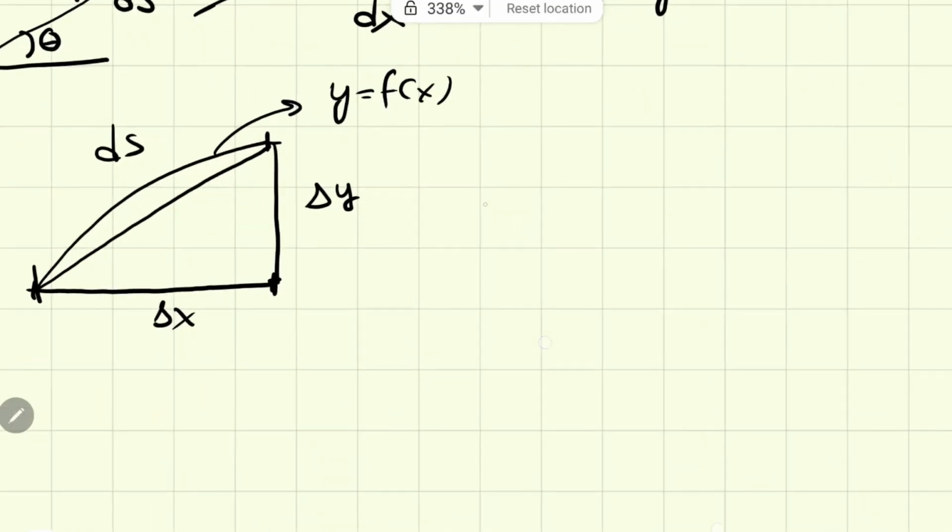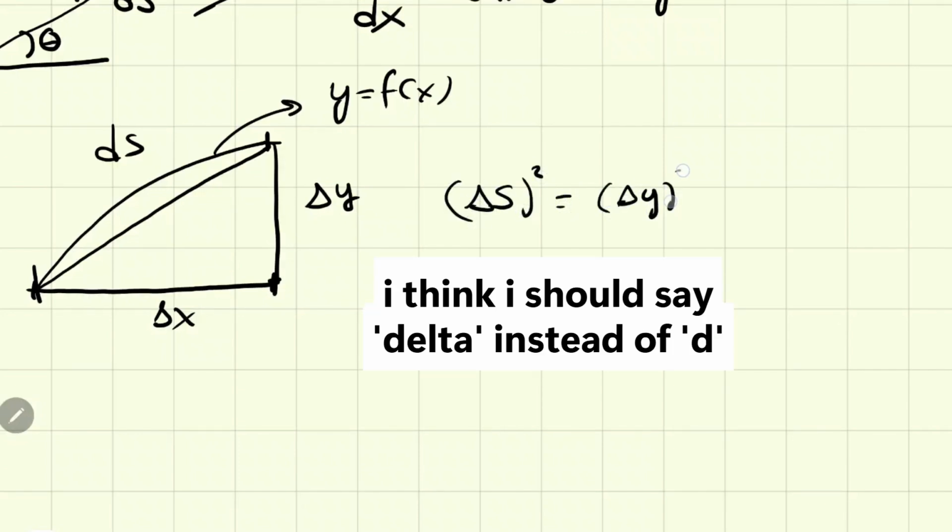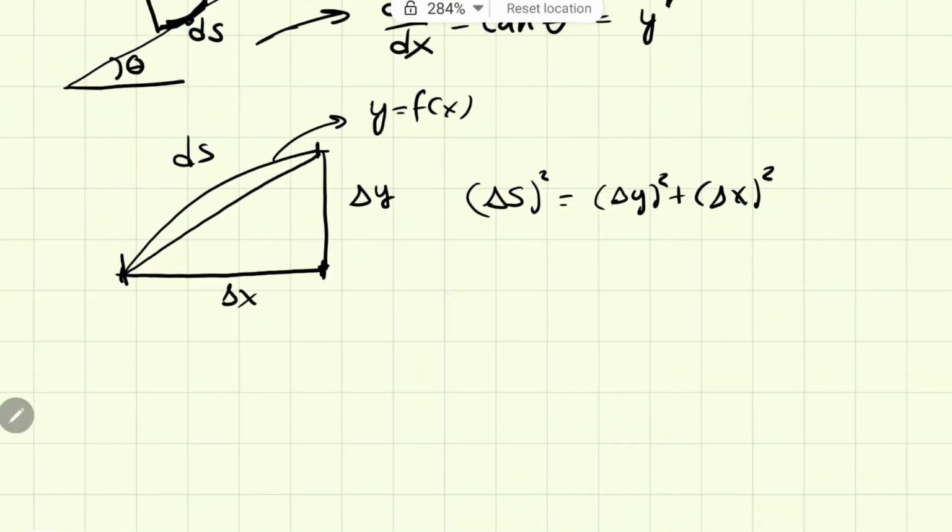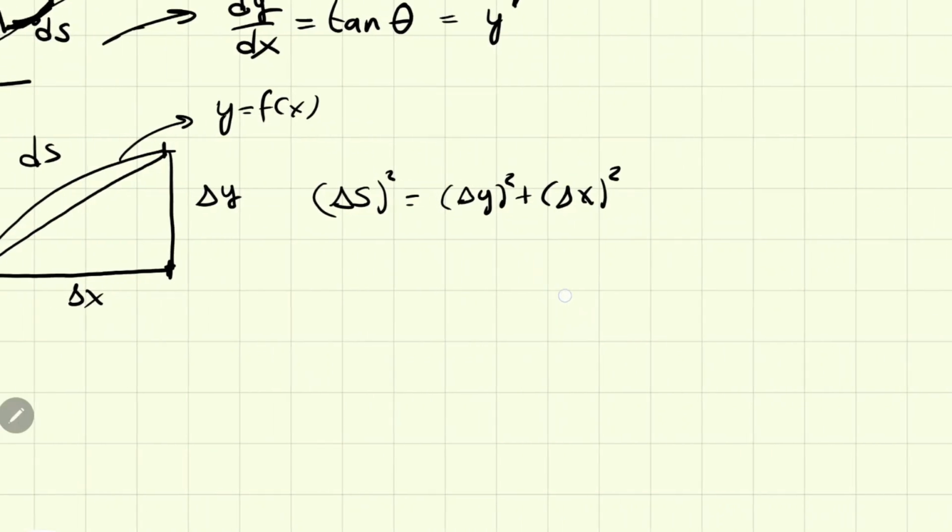We can establish the relation ds squared equals dy squared plus dx squared, right? And we're going to take these intervals as small as possible, in an infinitesimal way, to take the derivative of the function with respect to x.